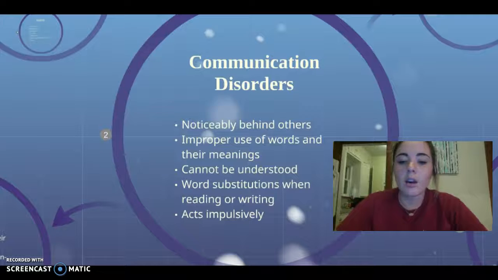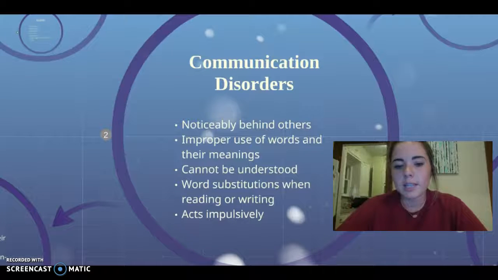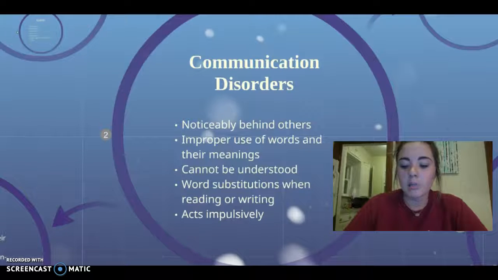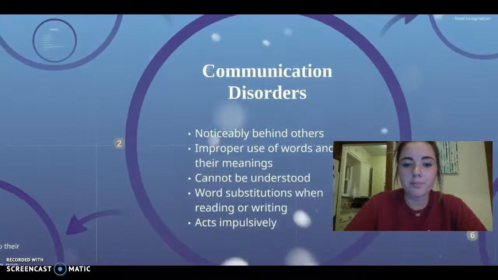At times they substitute words while they are reading and writing, so maybe they don't know what a word means, so instead they switch it with something that they think it means, and it may not necessarily be correct. Along with this, they also act impulsively, so they just do things out of impulse, don't really think about the consequences that they could have.